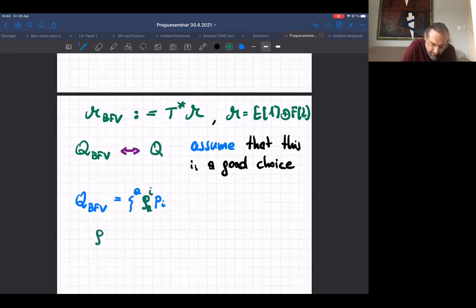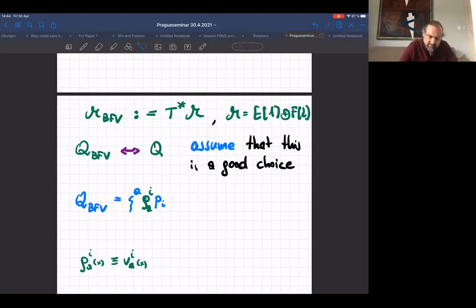And rho A i of x is the same as this v A i of x we had before. So these are these vector fields. These were the quantities entering in the definition of the system we have.